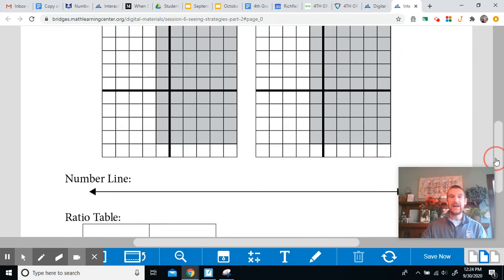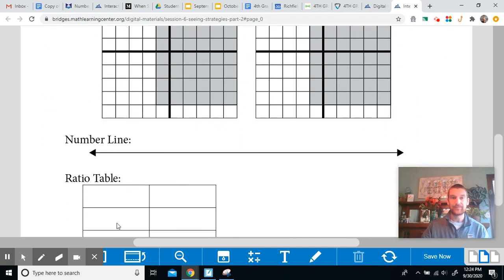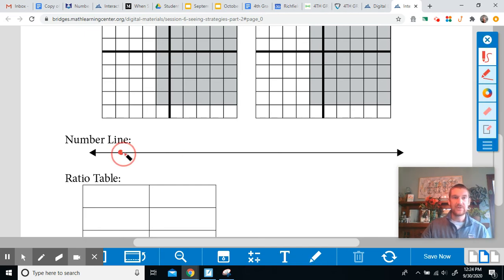All right, let's take a look at how it would look on a number line, all right? So let's start at 0 here, okay? Instead of just counting by 6s 9 times, we're gonna jump all the way to 10 sixes, okay? 10 sixes, which would be 60.